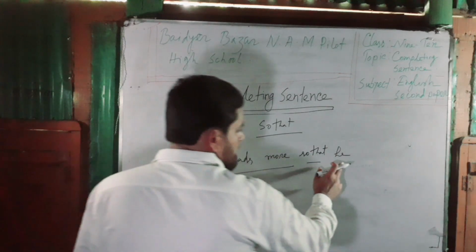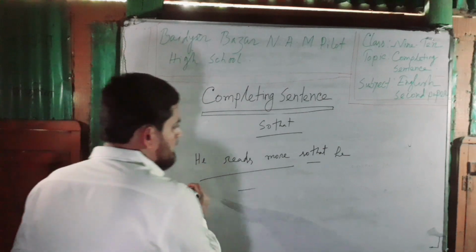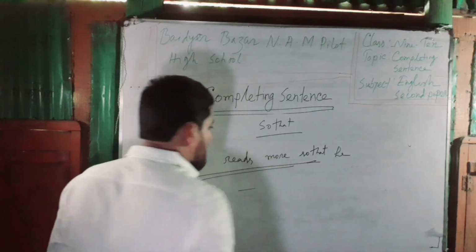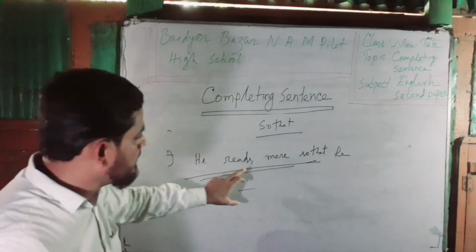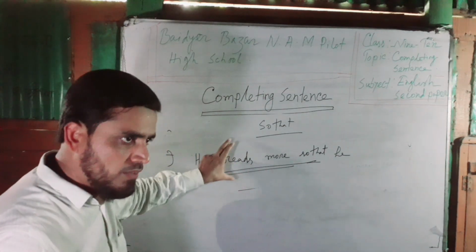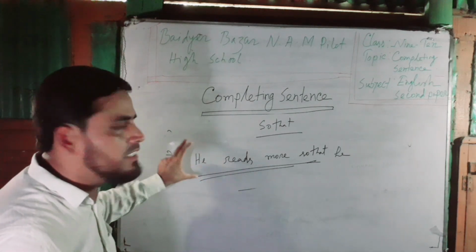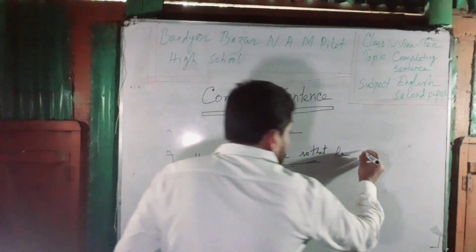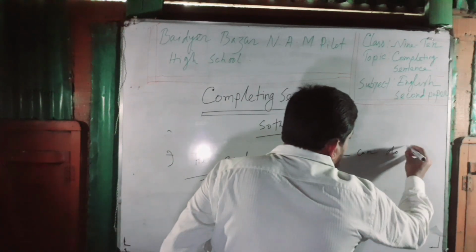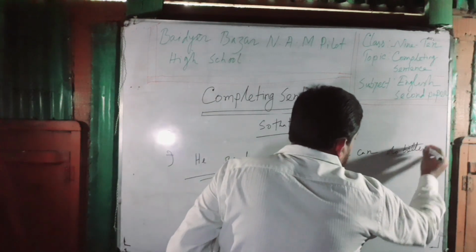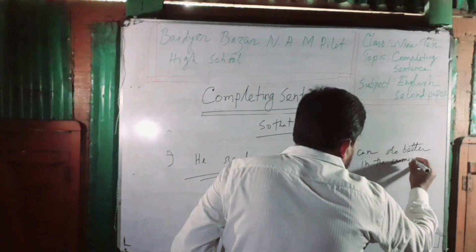So we will write down the same subject he, and we will use can or could. If the sentence in the first clause is in present form, you can see that here read is in present form, and here s is also added. That means it is present indefinite tense. If the clause is in present form, we will use can. And he reads more so that he can do better in the examination.